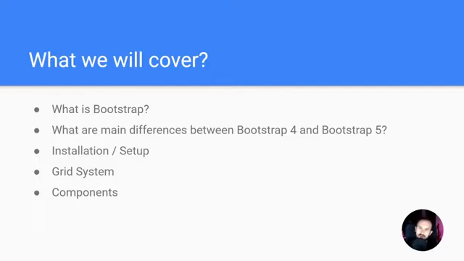I'm gonna guide you through the installation and show you how to add Bootstrap 5 into your project. Then I'm gonna show you the most popular components, starting with the grid system, which is the most crucial part of Bootstrap. I think it's its biggest feature, which makes it so popular. And then I'm gonna also show you other components, helpers and utilities which are available for you in Bootstrap.